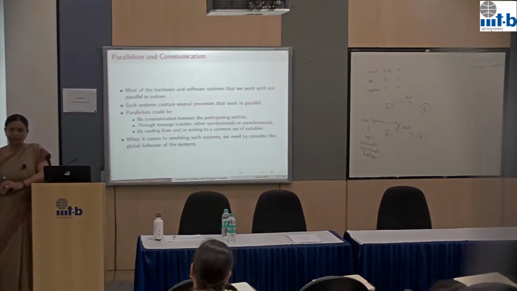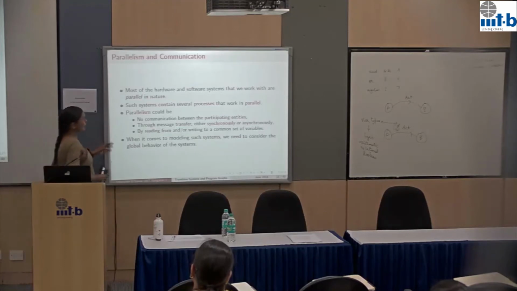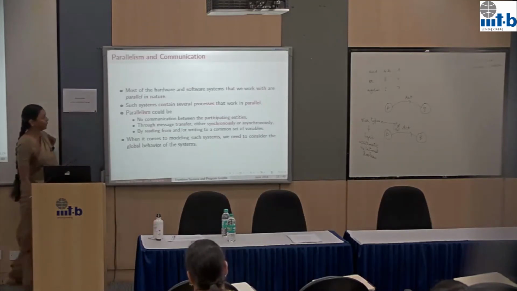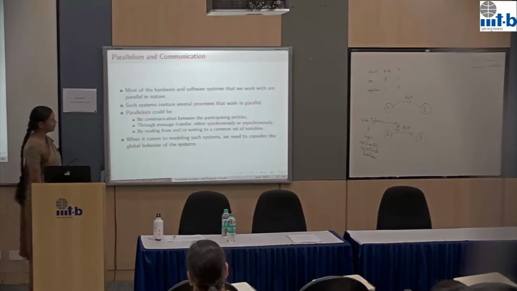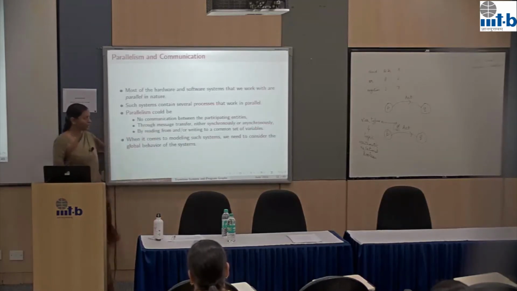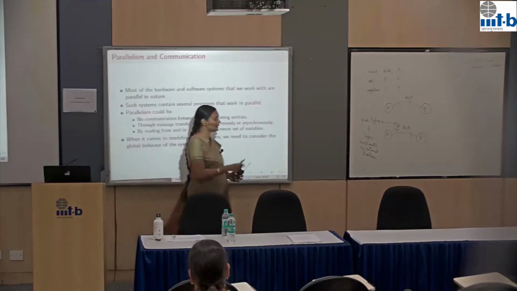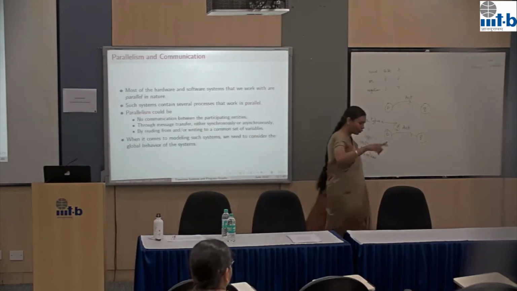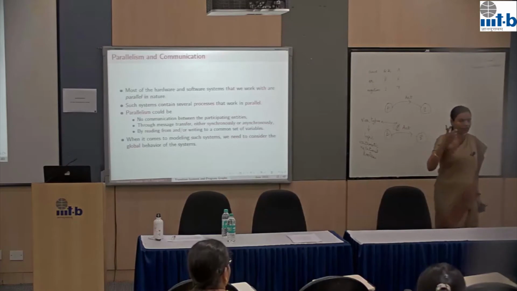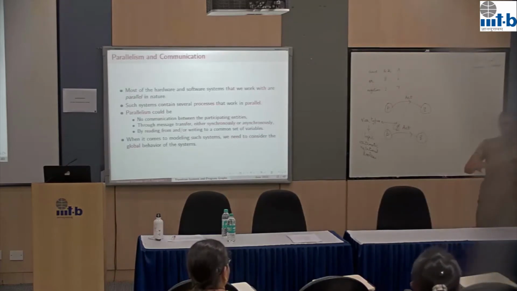We may not have time to do other kinds of things. So as I told you, many hardware and software realistic systems that we want to work with are concurrent or parallel in nature. They include several processes that run in parallel. Parallel means there are agents or processes that do their own computation, and then they take inputs from other processes or agents. Like in this autopilot example, there will be the main autopilot process that is running.